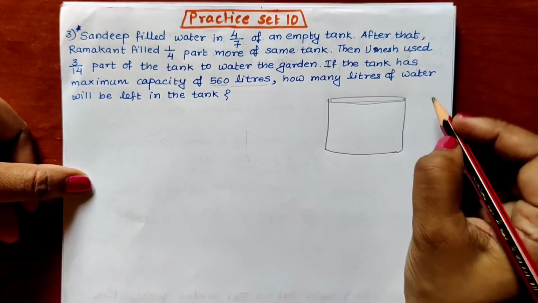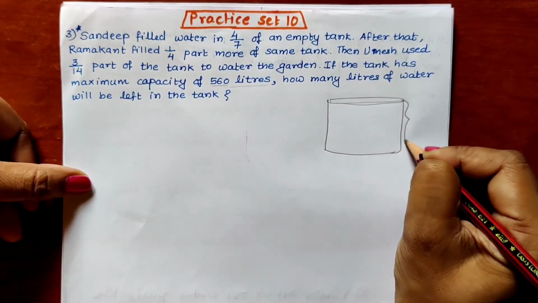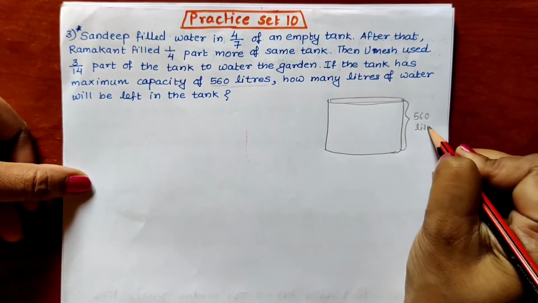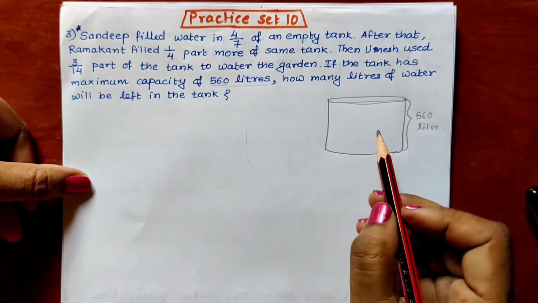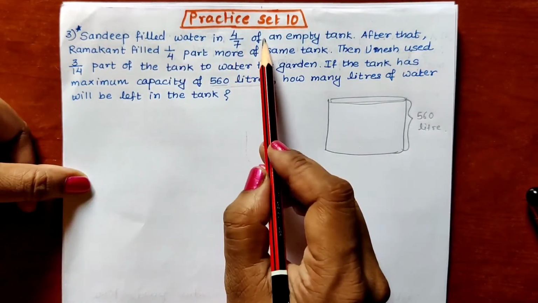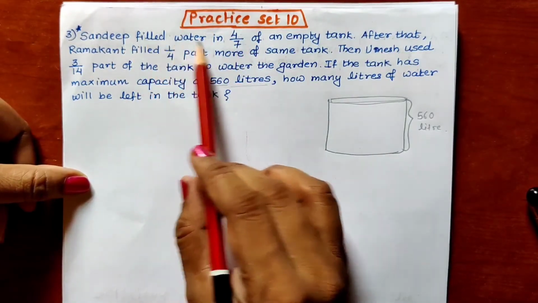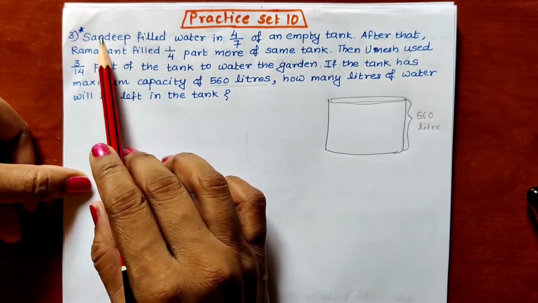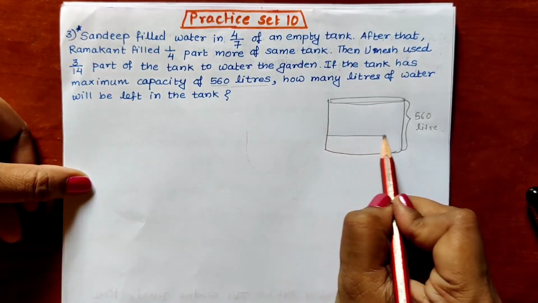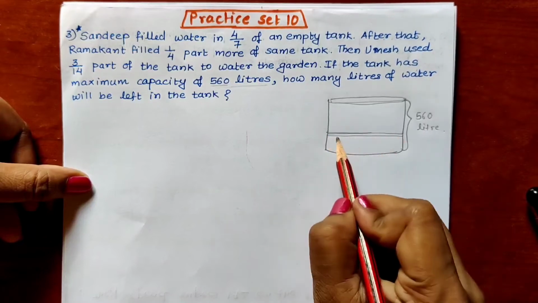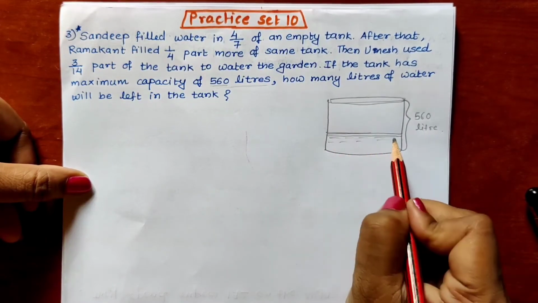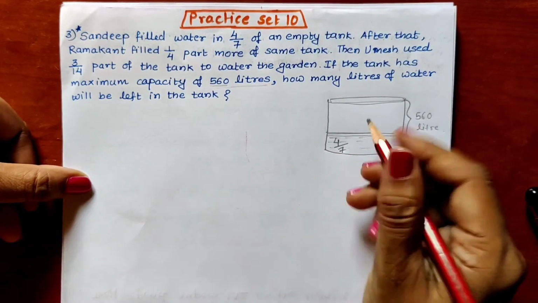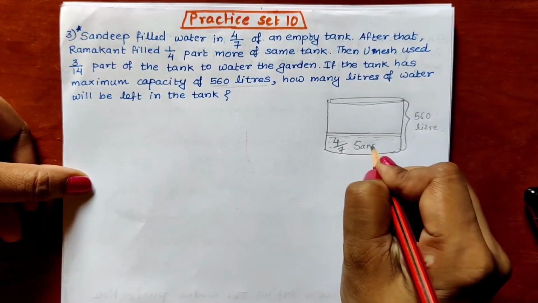So 560 liters is the full capacity of this tank. Now in this tank, 4/7 part of water is filled. This tank is filled with 4/7 part by Sandeep. Maybe till this or till this there is 4/7 part, 4 upon 7th. 4 upon 7th part is filled by Sandeep.